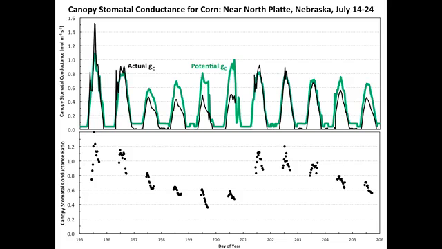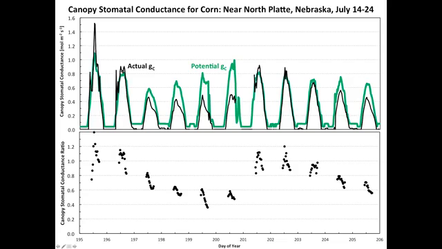It's derived from a leaf level model scaled up to the canopy. The details are found in the Blonquist et al. paper referenced on the previous slide. I won't go into the nuts and bolts of the leaf level model, but I will provide the reference for the paper at the end of this slideshow.